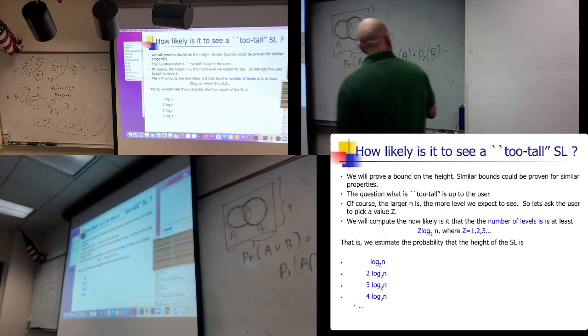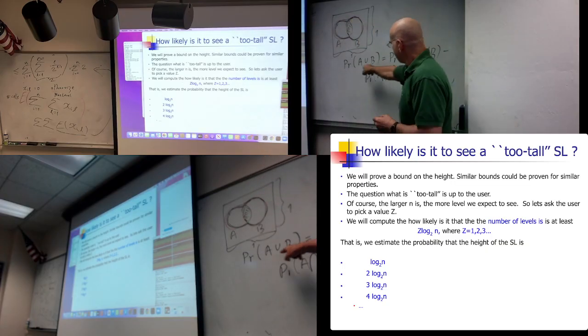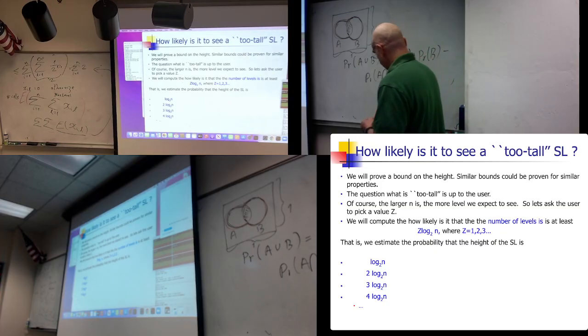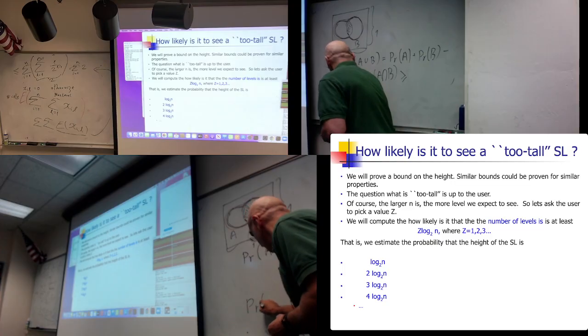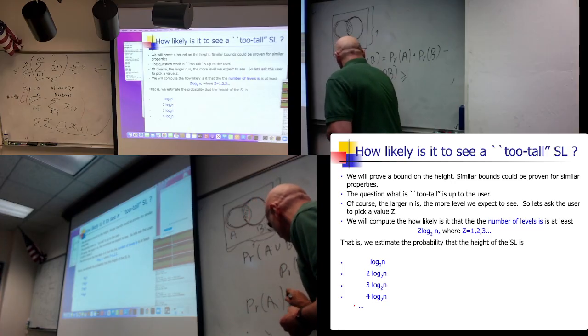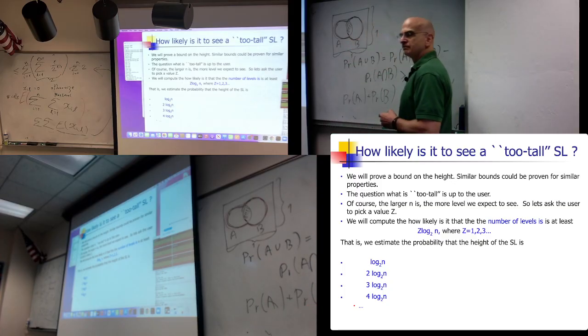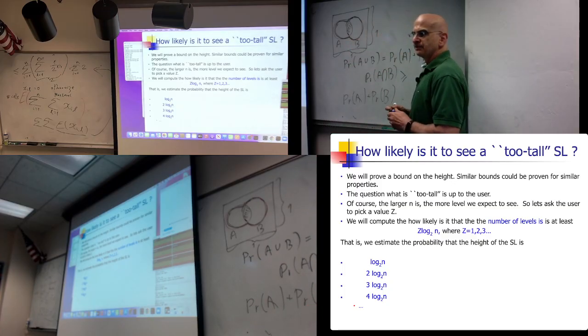So I don't want to use this formula exactly. I just want to say this number is this plus this minus a positive number. So this number is larger or equal than the probability of A plus the probability of B. Why?